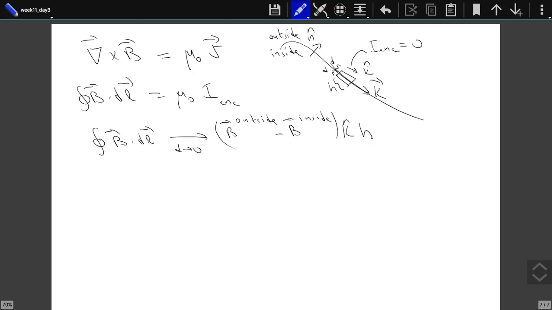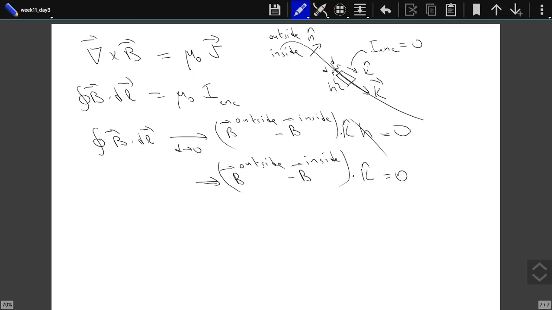My loop is parallel to the current, so there's no current passing through it. So I can just cancel the h, and this tells me that B outside minus B inside in the direction of the current is 0.